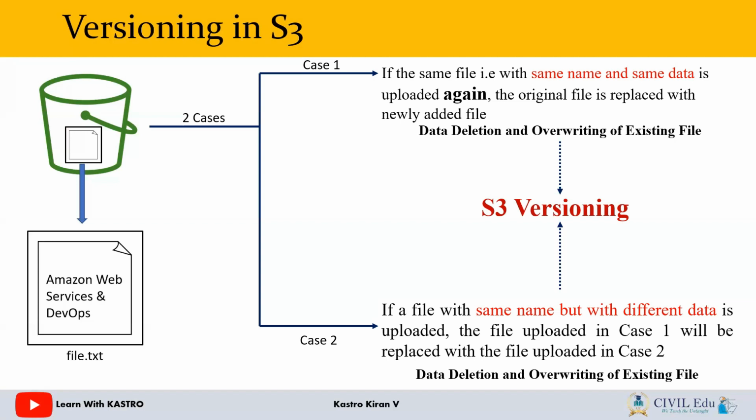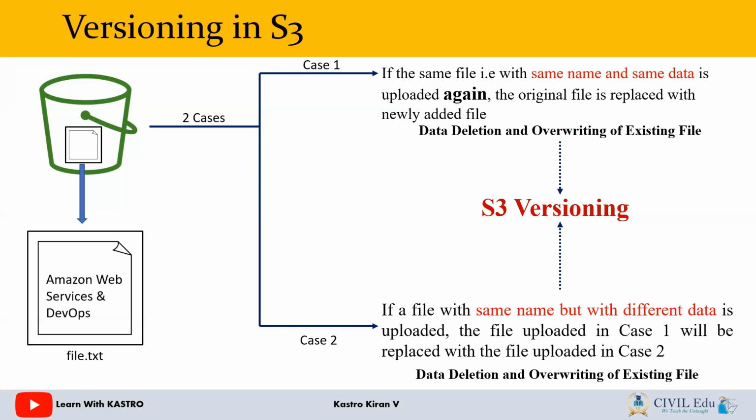Suppose you are working in one of the teams of a project. A person has created a file with the name file.txt. You also have created a file called file.txt. Person one has uploaded the file for the very first time into the S3 bucket. Now you are also trying to upload the file into the S3 bucket.